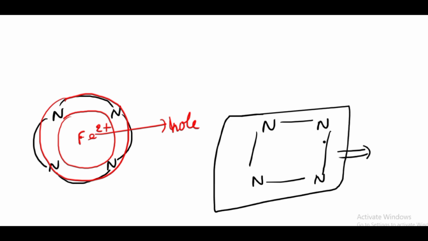Can you imagine, these 4 nitrogen atoms are lying in the same plane, and the hole formed by these 4 nitrogen atoms cannot allow the bigger Fe2+ atom inside the hole. Therefore this Fe2+ is lying just above the plane of these 4 nitrogen atoms.